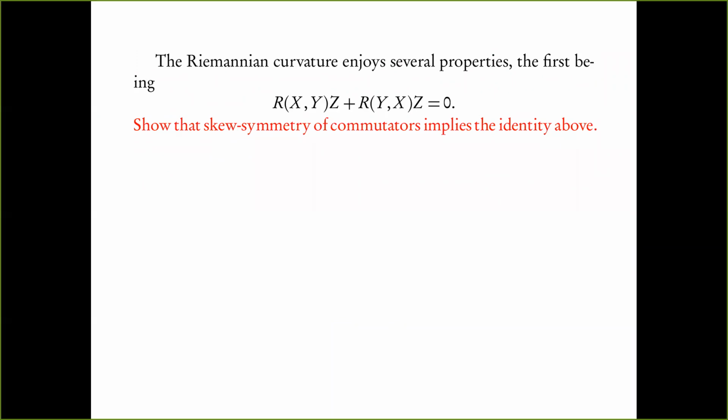There's almost nothing to show here, but I put it as an exercise for those who might be just looking at the handout. Prove that the skew symmetry of the commutator implies the above property, where z is a dummy variable, but I'm writing it with z because often we'll be using this expression rather than R of xy plus R of yx is 0. So this is true for all triples xyz.